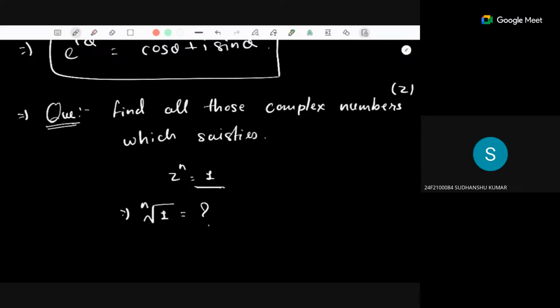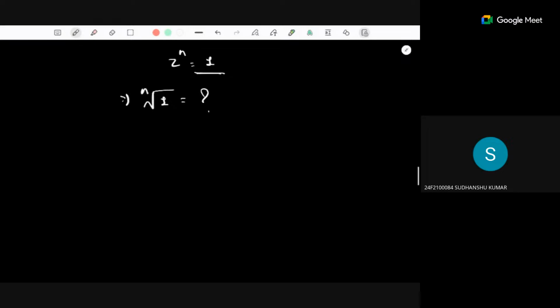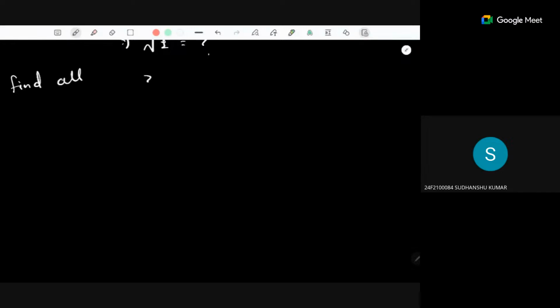Is there any doubt so far? Anything which is not clear? Okay, so let's start with n equals 2. We need to find all those z for which z square equals 1. So z square minus 1 equals 0, and z minus 1 into z plus 1 equals 0.